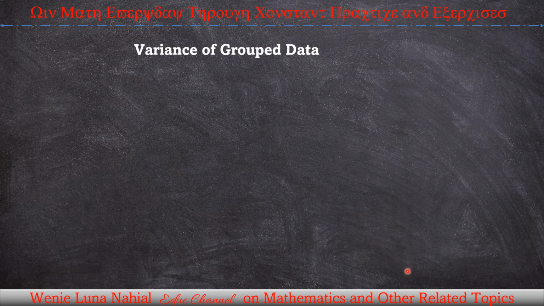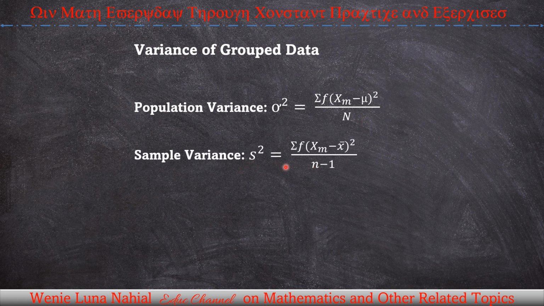Variance of group data. Population variance is sigma squared, but this time we have to use the frequency times the class mark minus the population mean, then the second power of this, then all over uppercase letter N. Then sample variance just looks like the population variance, but our denominator here is N minus 1.